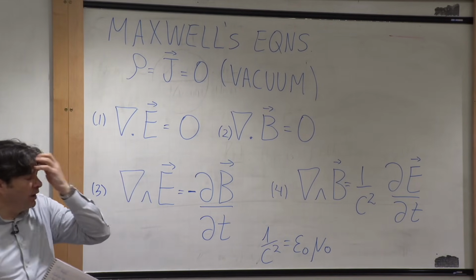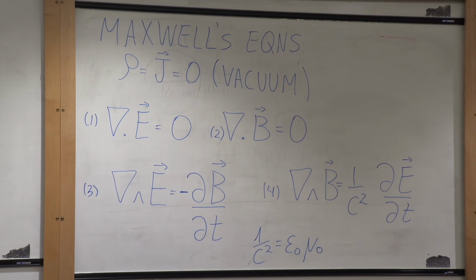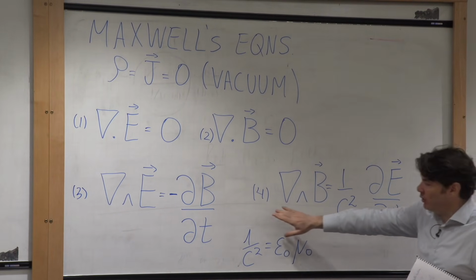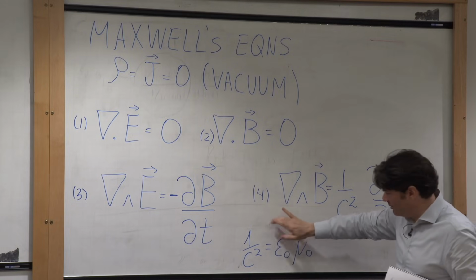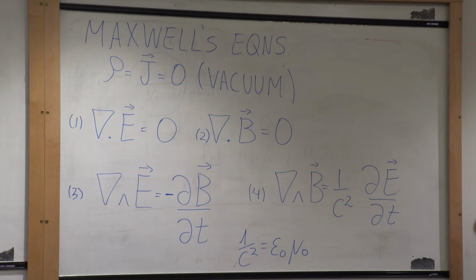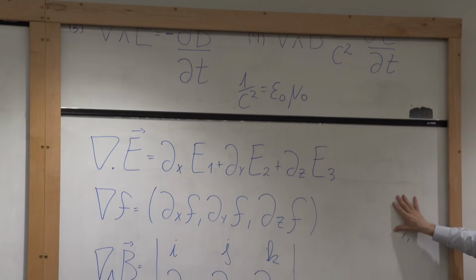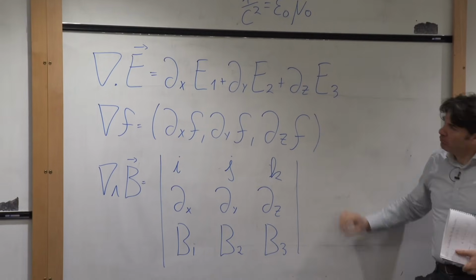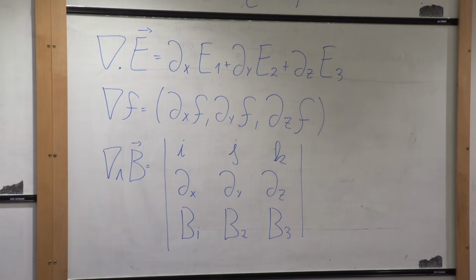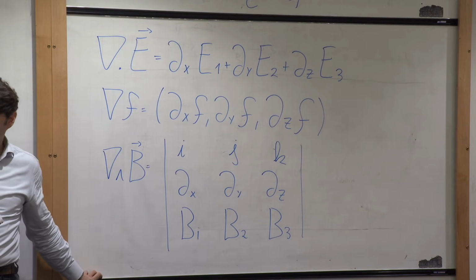The four Maxwell equations are the equations that I just wrote down, and we define this speed, 1 over c squared, in terms of epsilon 0 and mu 0, two constants that appear in the Maxwell equations. And there are different vector operations: divergence, gradient, and curl, that are defined like this. Okay? Any questions about this?